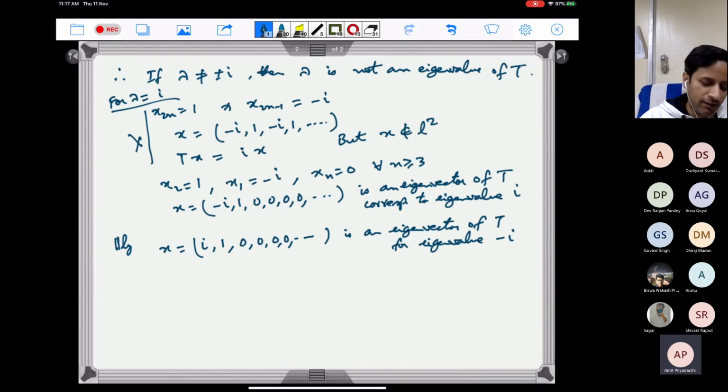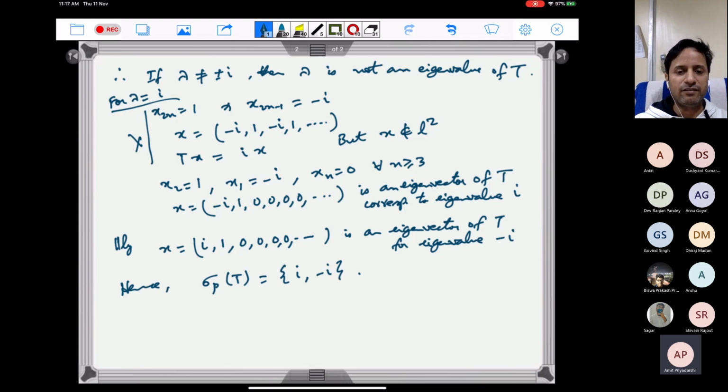So this says that hence this set of eigenvalues is equal to iota and minus iota, because we know that nothing else is an eigenvalue and these are indeed eigenvalues, right?